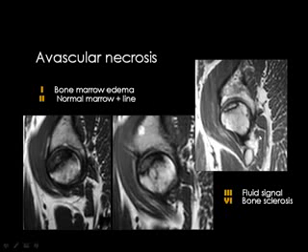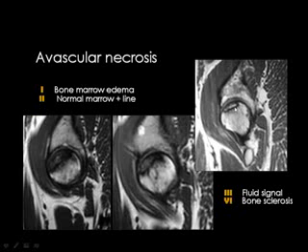Then, starting from the development of a line, and this line separates the necrotic bone from the normal healthy bone. Whenever you see this line, this is pathognomonic for the diagnosis of avascular necrosis. Then, according to the signal intensity of the dead bone, you have stage 2, stage 3, and stage 4.